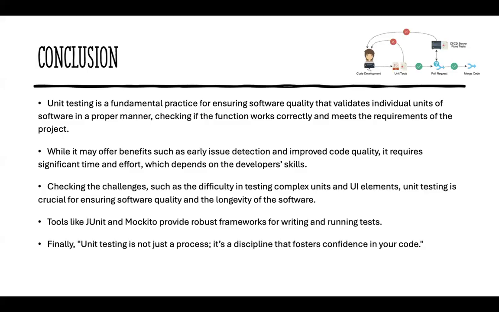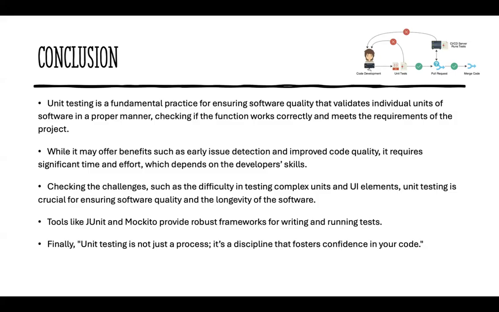While it may offer benefits such as early issue detection and improved quality of code, it requires a significant time and effort on the developer's part. Checking the challenges such as difficulty in testing units and UI elements. UI testing is crucial for ensuring software quality and longevity of the software. Tools like JUnit and Mockito provide robust framework for writing and running tests.